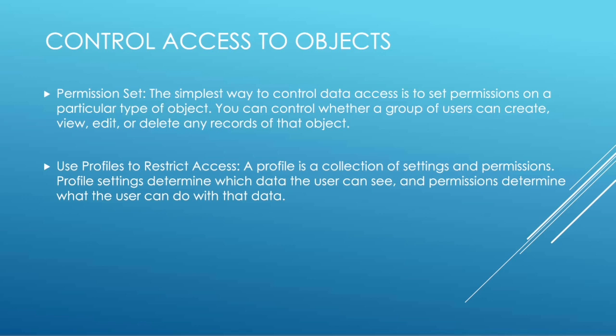A user's profile determines the objects they can access and the things they can do with any object record, such as create, edit, or delete. Permission sets grant additional permissions and access settings to a user. For every user they should have a profile. Along with the profile, if you want to give additional access, that can be given using a permission set.